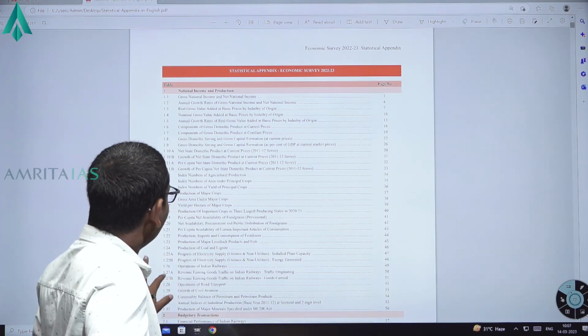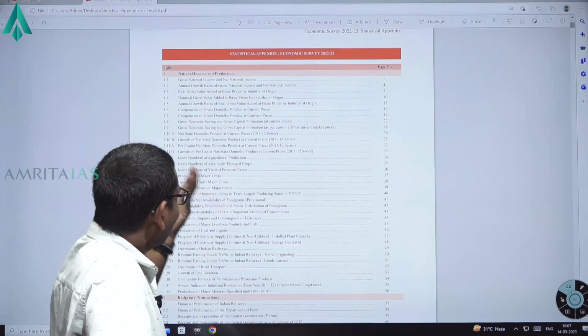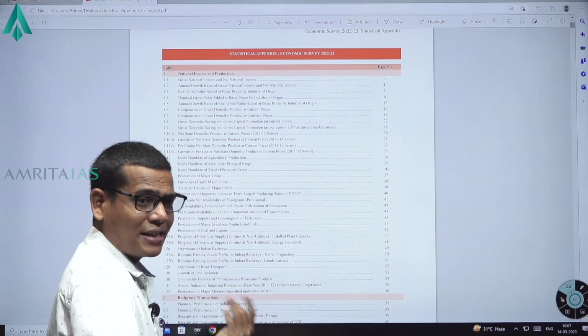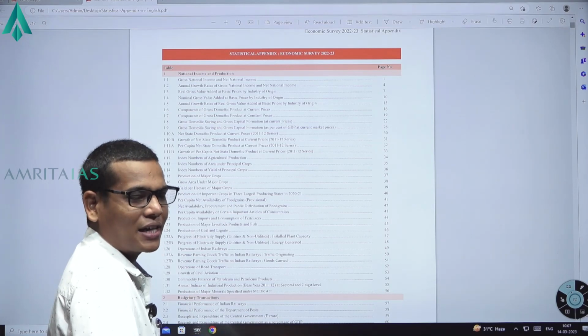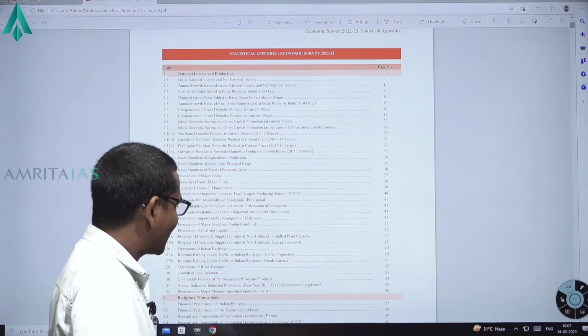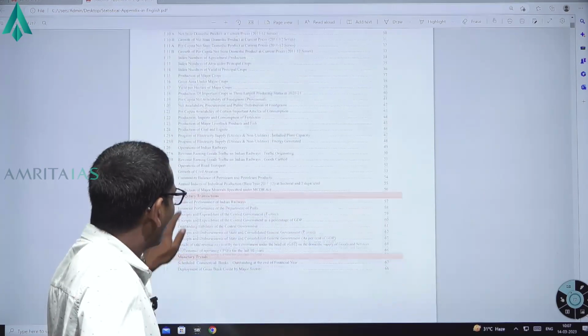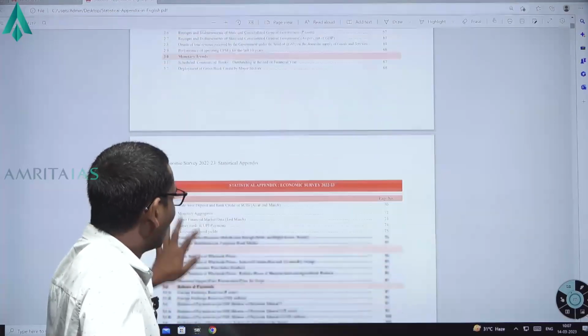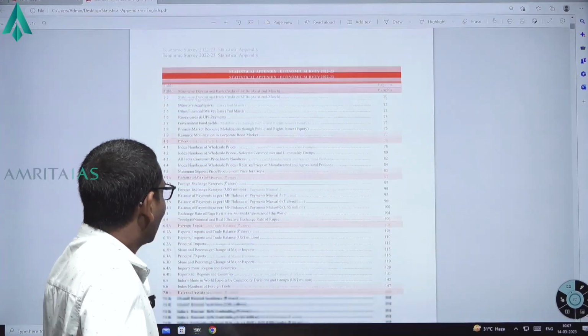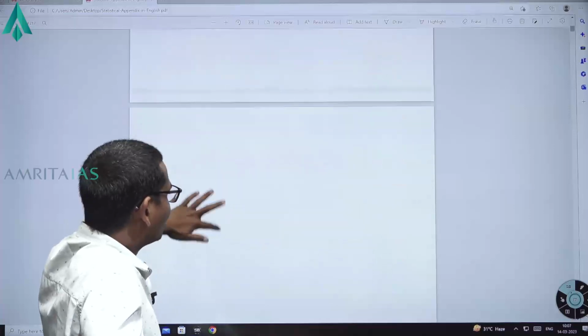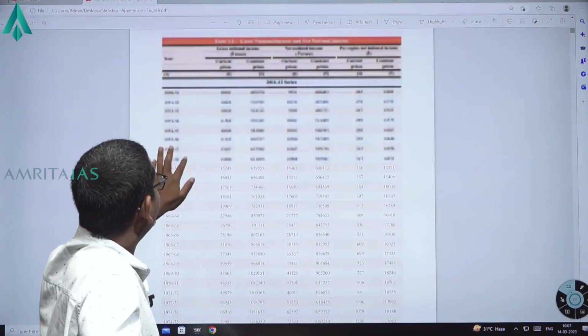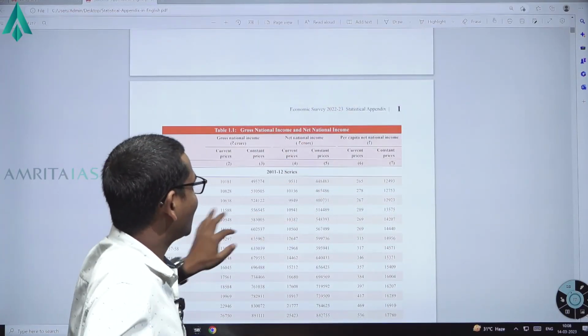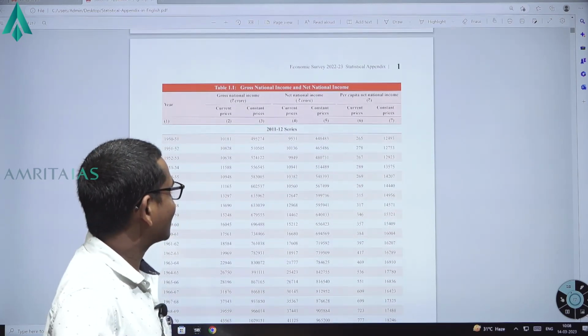Here they have given agriculture data, industrial data, GDP data, per capita income data, exports, imports, forex reserves, roads, railways, a lot of information. Let me show you. Take the case of gross national income, net national income, per capita net national income.